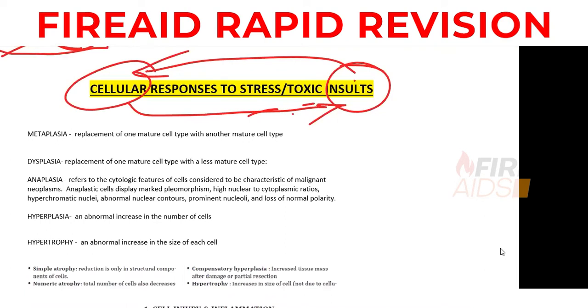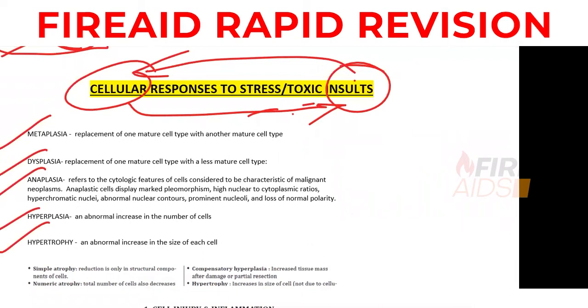The cell can respond in different ways, by becoming metaplastic or dysplastic or anaplastic or hyperplastic or hypertrophy. These are the ways the cell can adapt themselves. These are adaptation mechanisms taken by the cell in order to respond to the stress or toxic insults.